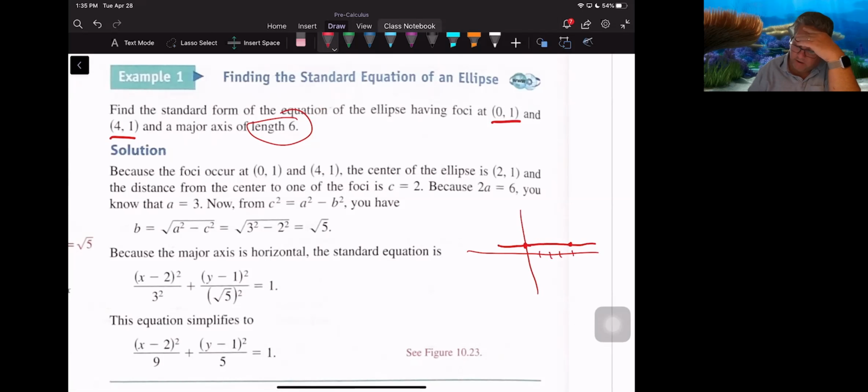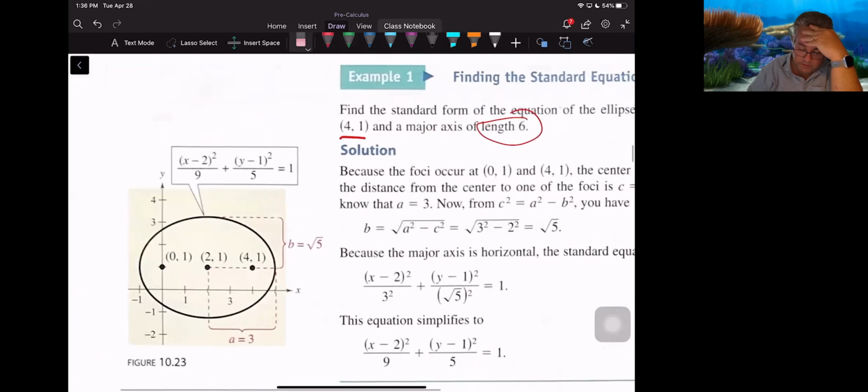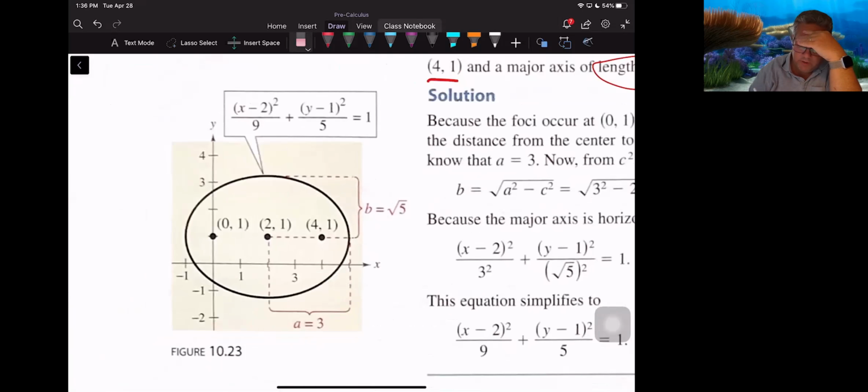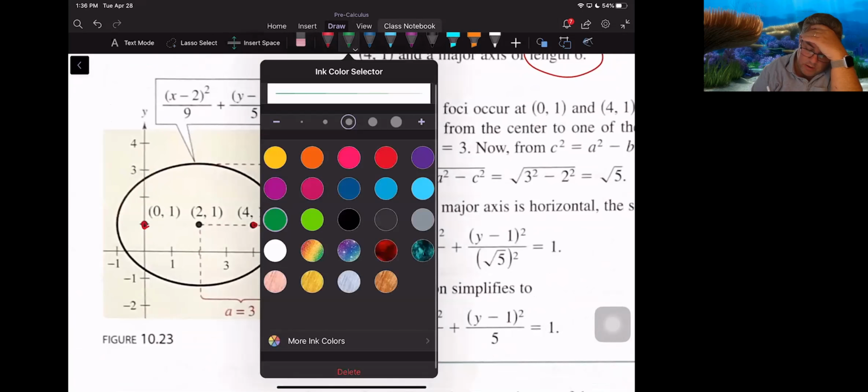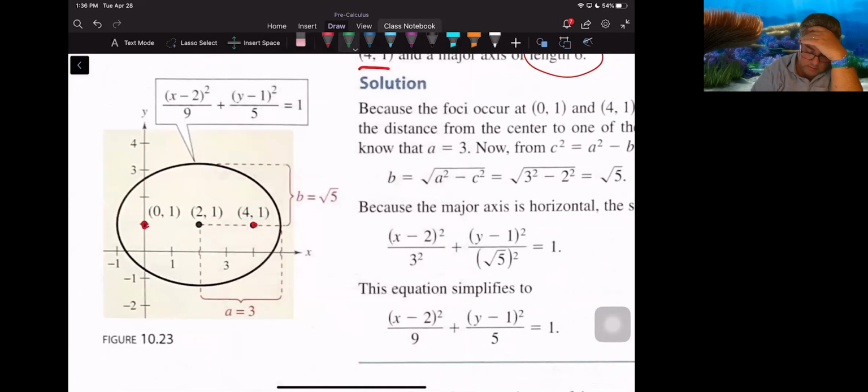Now that's where the foci are at. Let's just use their picture because they have it all already drawn out. So here are the foci that we said, 0, 1 and 4, 1. We know our minor axis and our major axis.